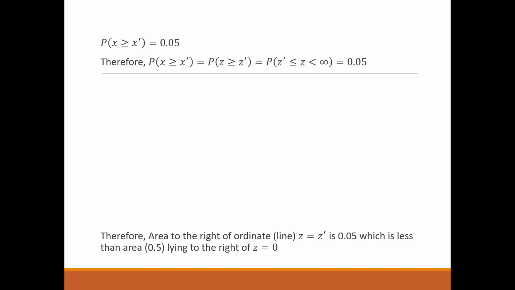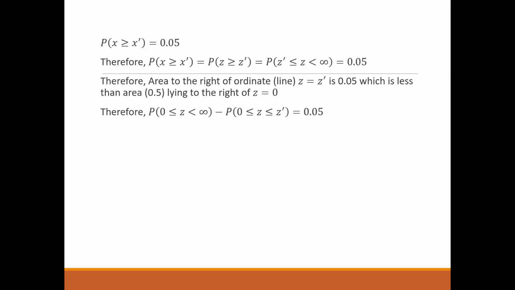So this whole thing can be written in this form. We have the whole area from 0 to infinity, minus the area from 0 to Z single quote, which will give me 0.05.